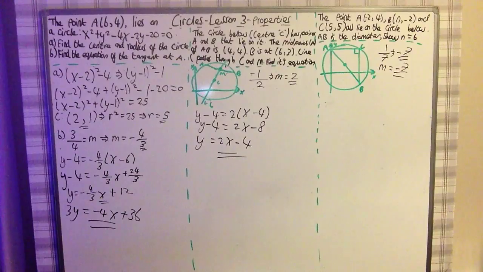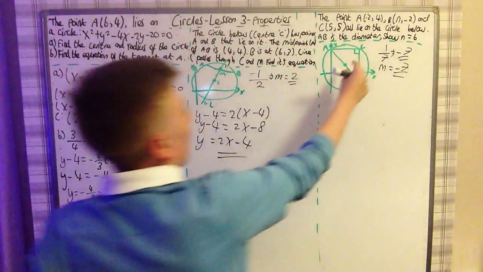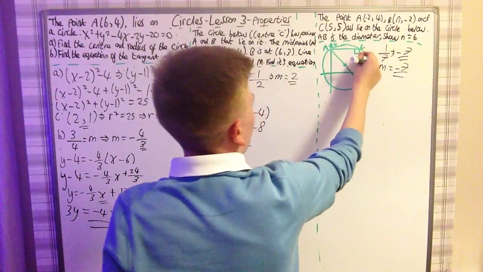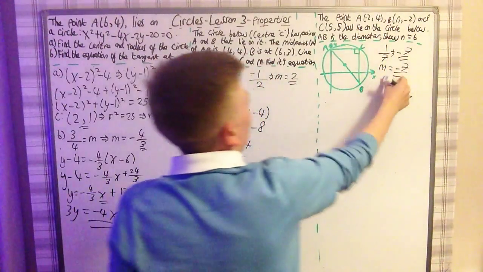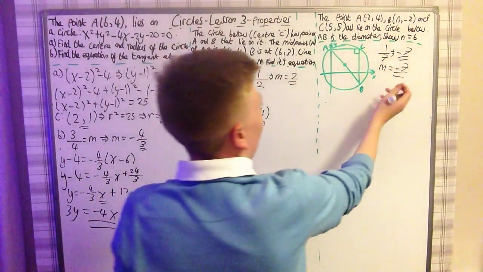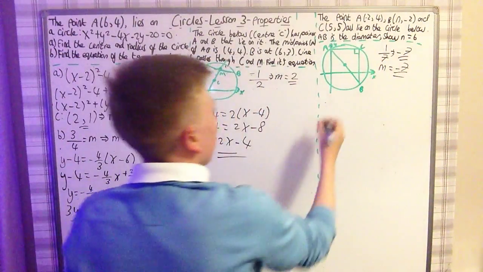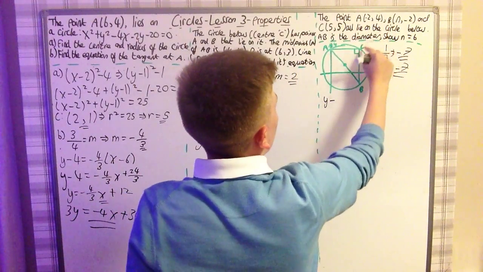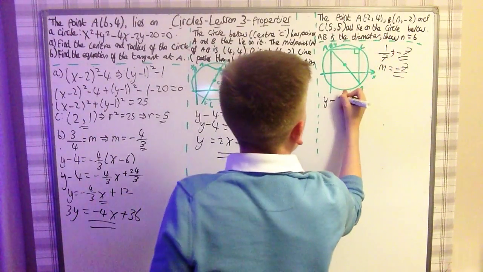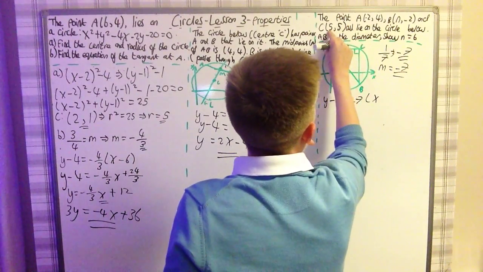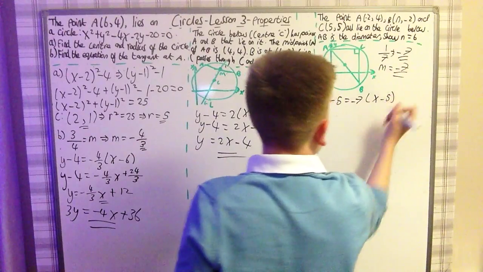We have a gradient, okay, and we have the point C, which is on this line. C is on the line CB, of course. So, if we have a gradient and a coordinate of a point going through the line, we can then calculate the equation of the line CB. y minus y1, y1 is 5, equals our gradient minus 7 times x minus our x1, 5.